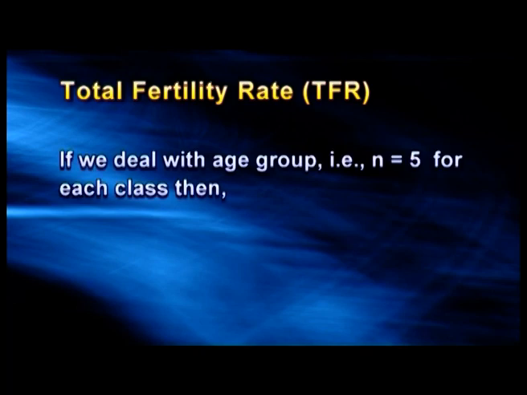If we deal with age group, that is, n is equal to 5 for each class, then total fertility rate is equal to summation over x of 5 multiplied by 5 of I of x, which is equal to 5 multiplied by summation over x of 5 of I of x.